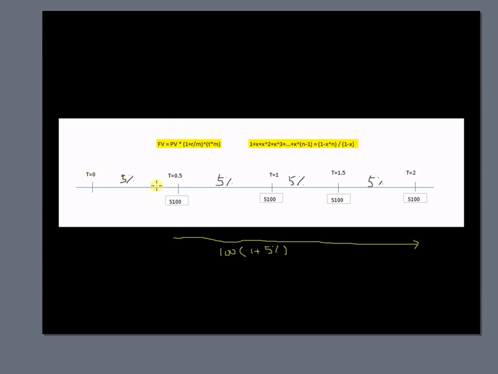But now we are looking at t equals 0.5. And how many periods are there? We have 1, 2, 3 periods. So we are going to do a future value of 3 periods into the future. So this will be 3.